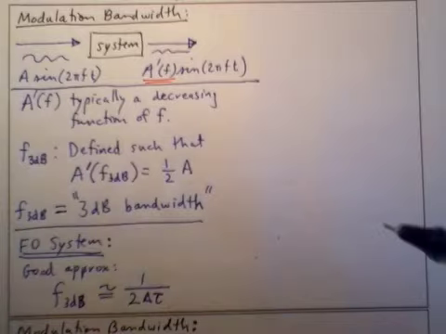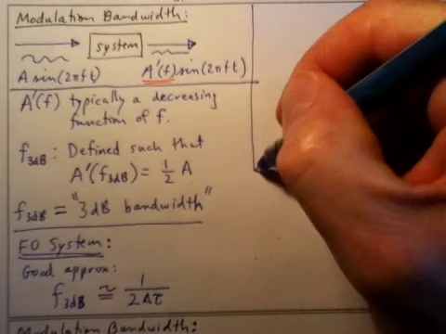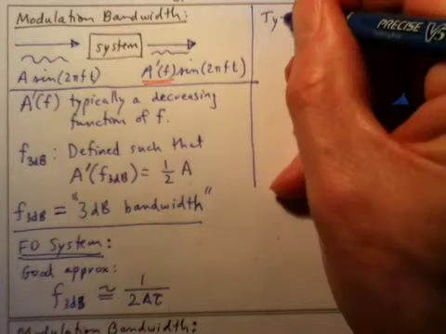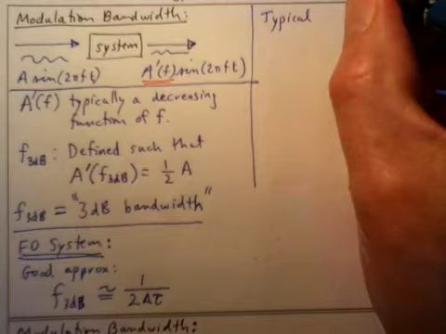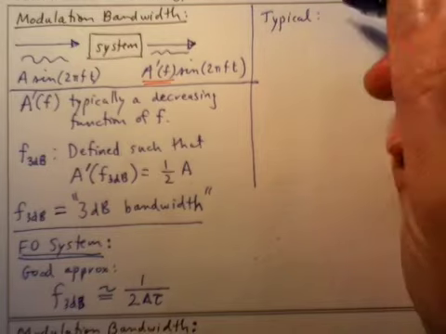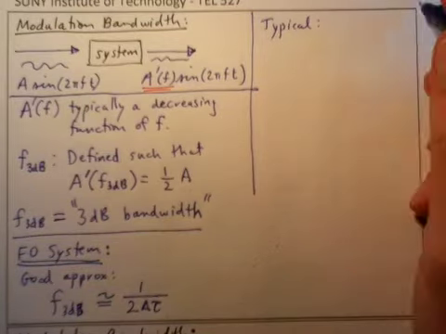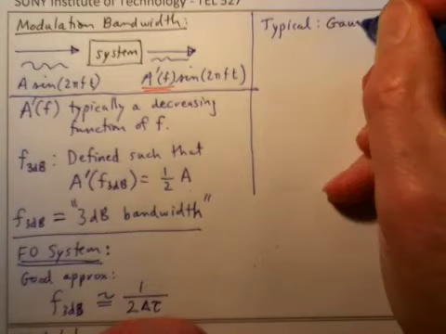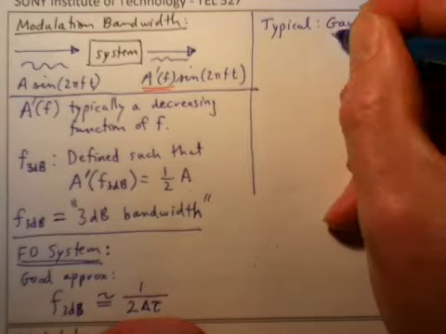Let me go ahead and show you the mathematical form that is typical here. Very typical, not only because it really does work in the real world, but because it's easy to deal with mathematically, is a Gaussian frequency response.